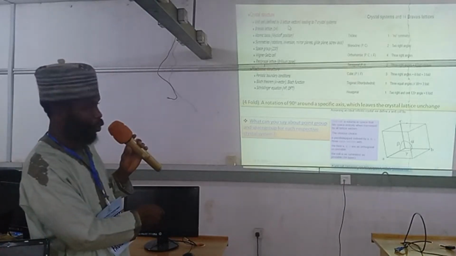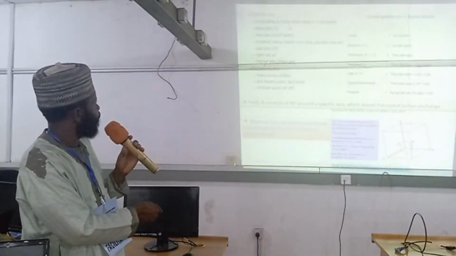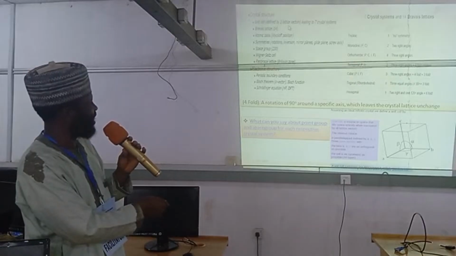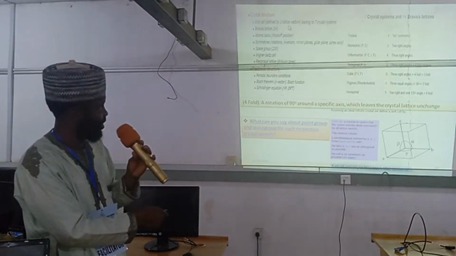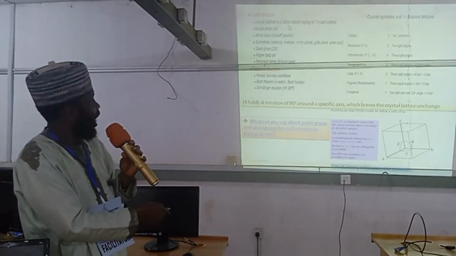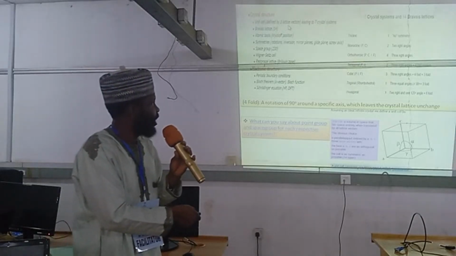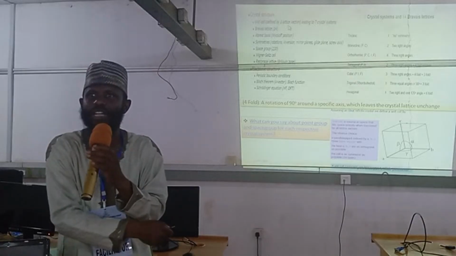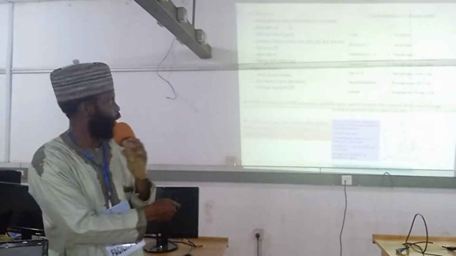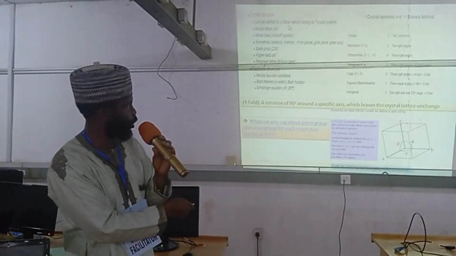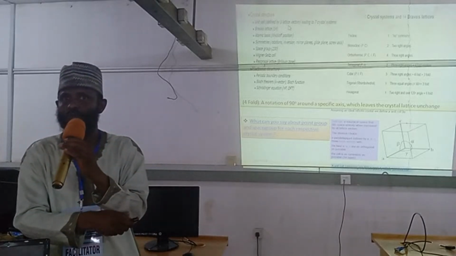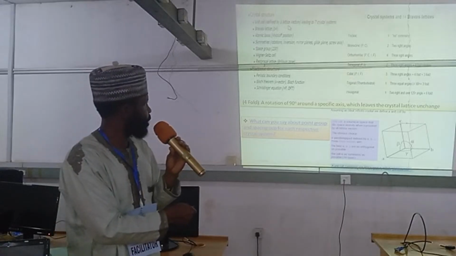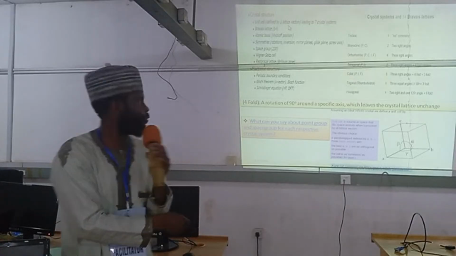When you have a rotation of 2π over 4, 90 degrees around a specific axis, you rotate and still the crystal lattice is unchanged. Then we say that particular crystal structure has 4-fold symmetry. When it's 4-fold plus 3-fold, then it means you have double rotation and still it maintains. That's the highly symmetric structure you can have.